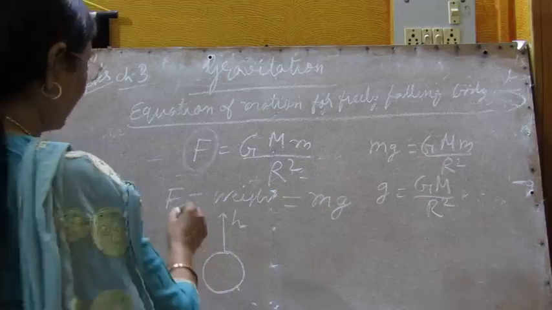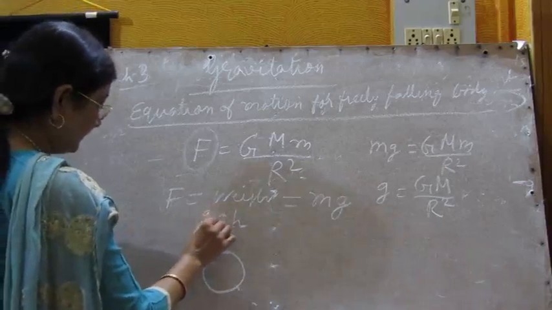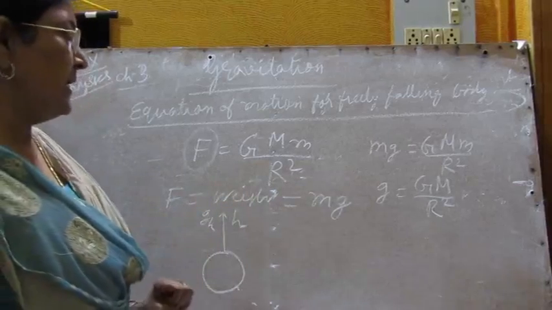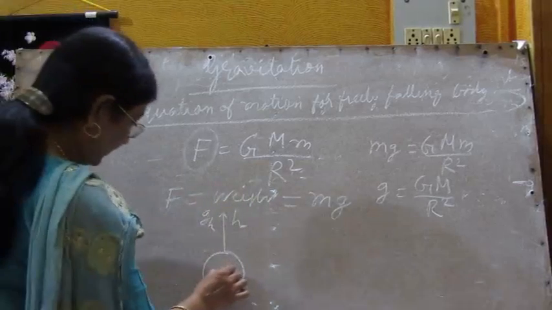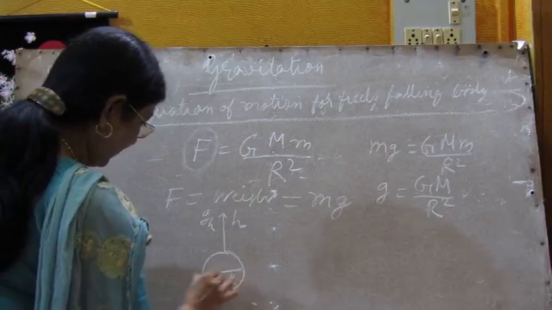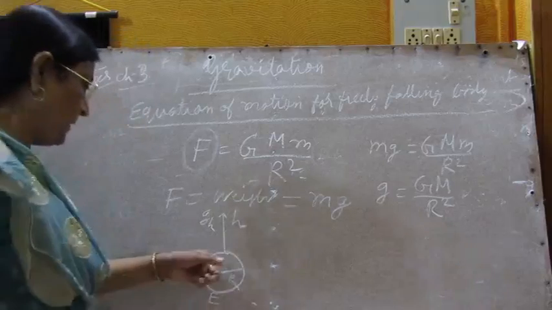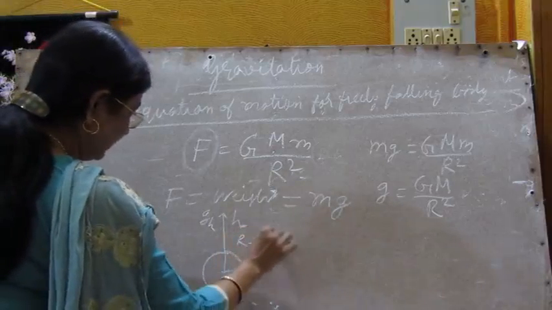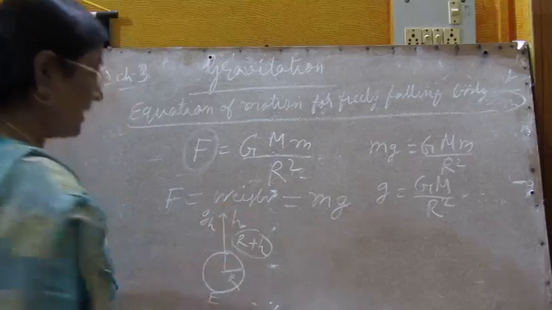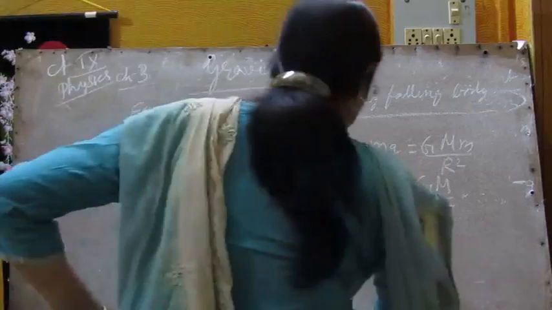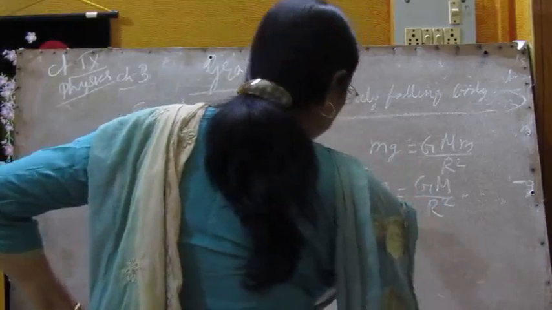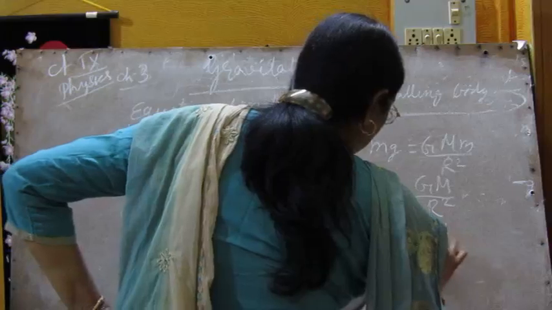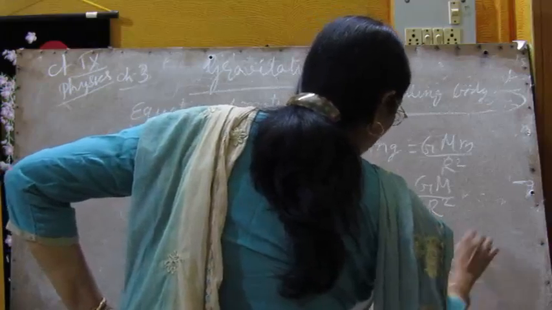So what will be the acceleration due to gravity gh at the height h from the earth's surface? Now see, this is capital R, the radius of the earth, and this height equals R plus h. So gh equals GM by (R plus h) whole square, and ge is GM by R square.